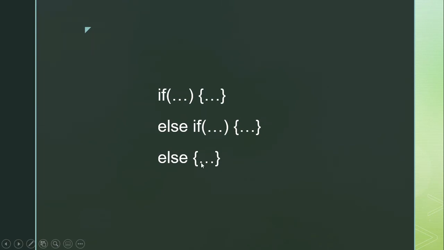So this part of code executes if all the previous conditions are false. However, this is only inside a single if statement. If there are two separate if statements, they will be dealt with separately.